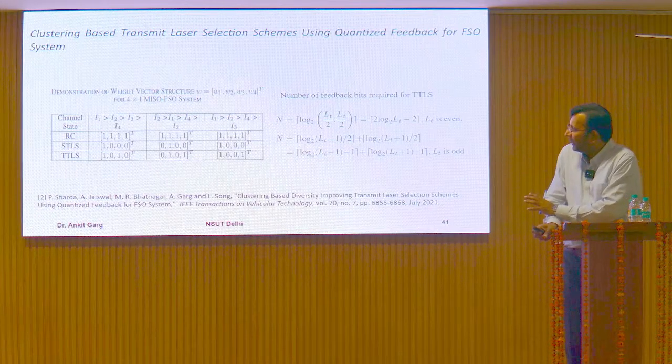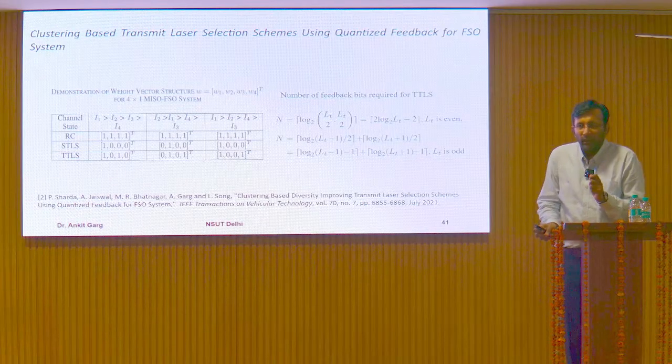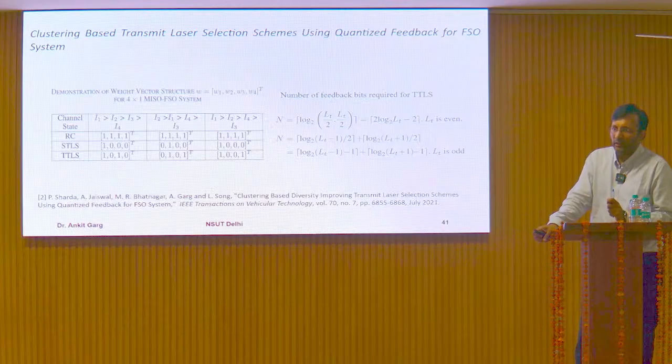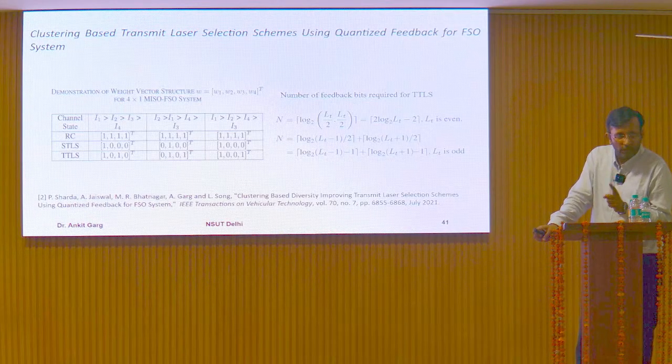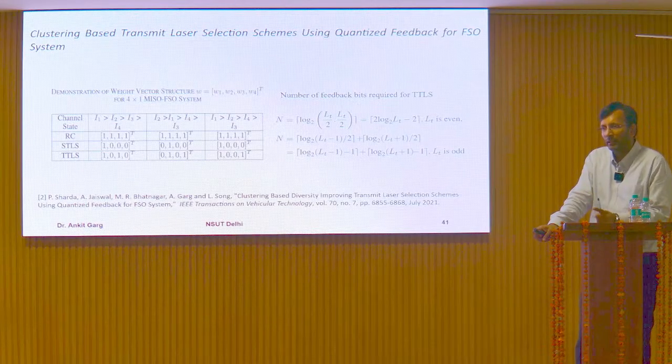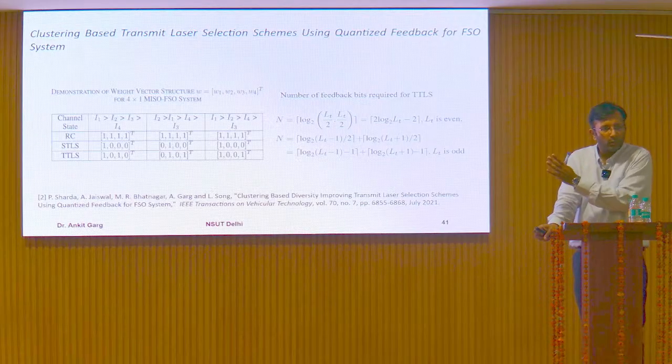The proposed scheme, TTLS, selects two transmit lasers, one laser from each cluster: first cluster I1, second cluster I3. So 1 0 1 0.